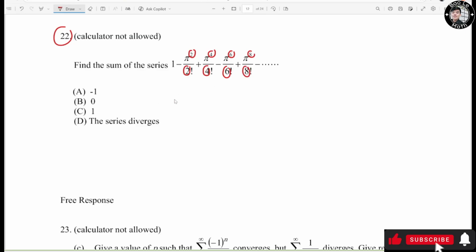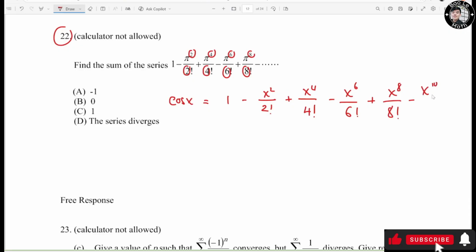So remember, cosine s equals 1 minus s squared over 2 factorial plus s to the 4 over 4 factorial minus s to the 6 over 6 factorial plus s to the 8 over 8 factorial minus s to the 10 over 10 factorial, etc. Right? Let s equals pi, so we get this series right here, right?